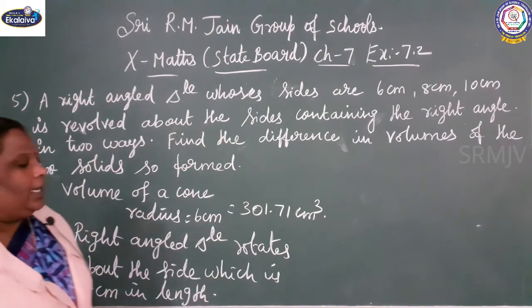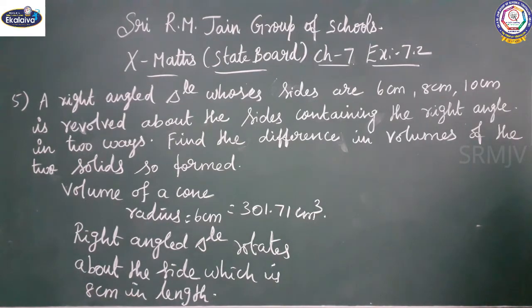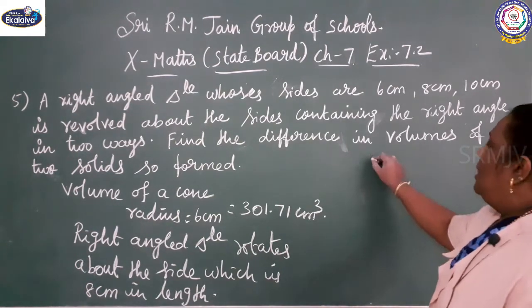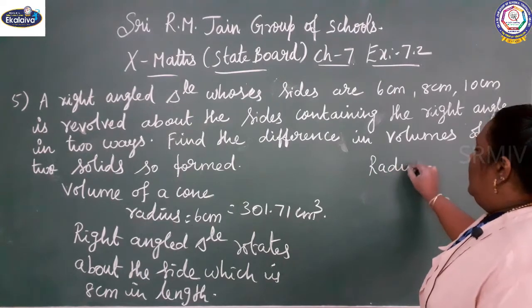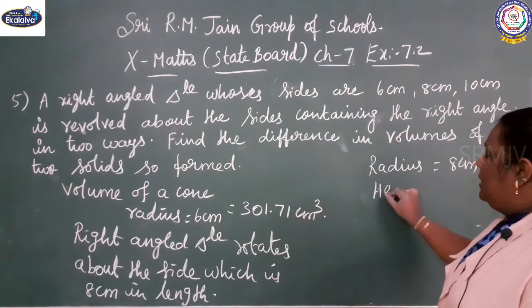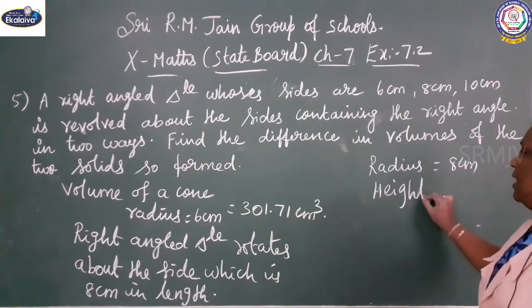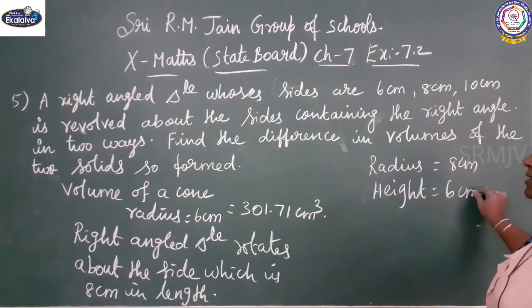So you can take it as radius equal to 8 centimeter and height equal to 6 centimeter, because the right angle triangle rotates about the 8 centimeter side, that side is the radius.